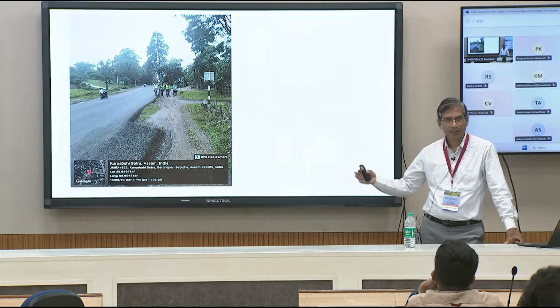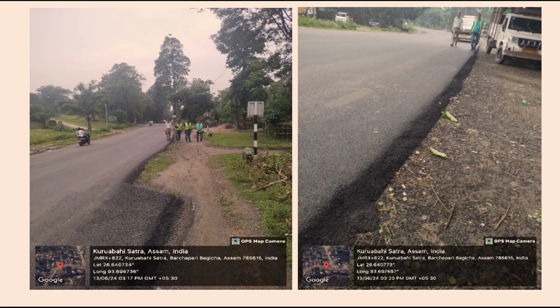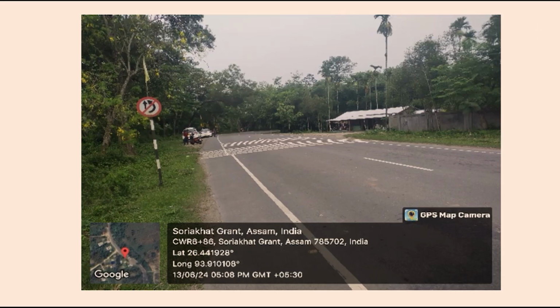Yeah, road width suddenly increases, or if you are coming from this side, decreases. On top of that, the edge drop is huge, more than 6 inches or maybe even 10 inches. So, in these cases, if a two-wheeler goes out of this edge, that becomes dangerous for him. So, here anything?